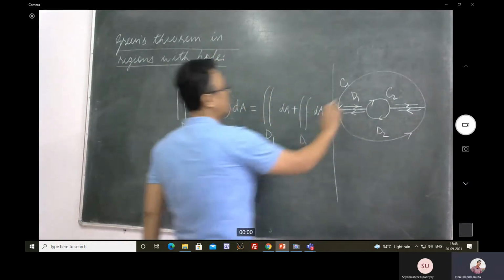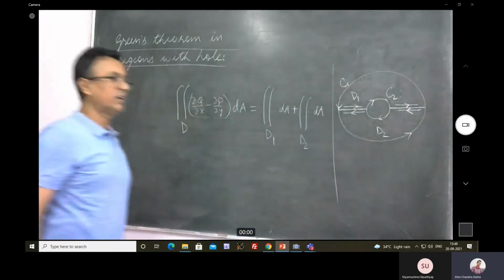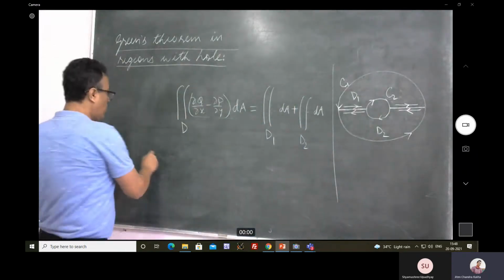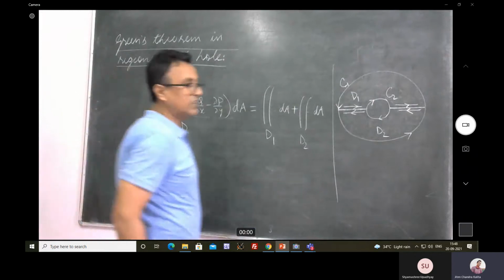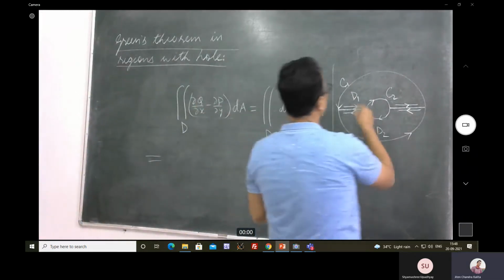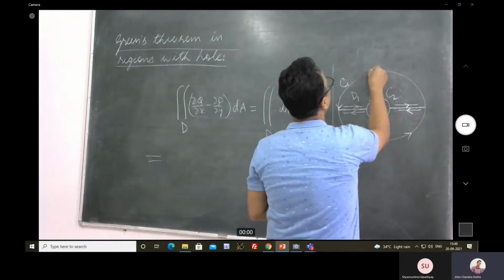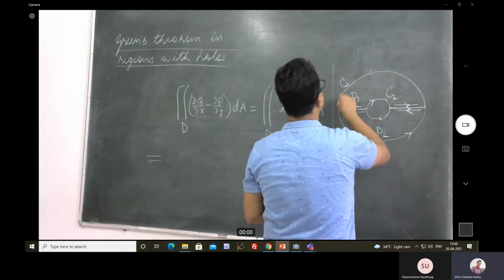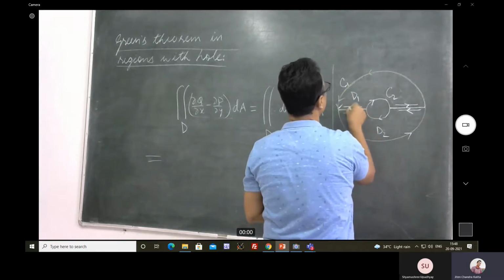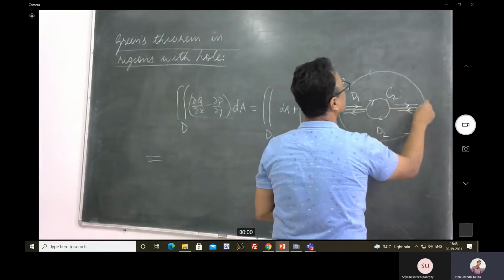Then you know that if I apply Green's theorem in the regions D1 and D2 separately, then what is going to happen? Eventually, see here, you will see how I am going to take. Now, in this region D1, say I was moving along this curve, then I am moving along this, and then again this.